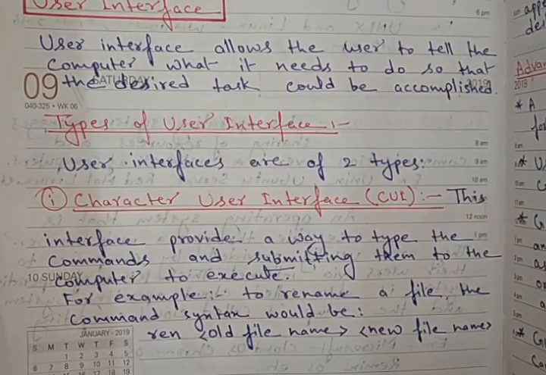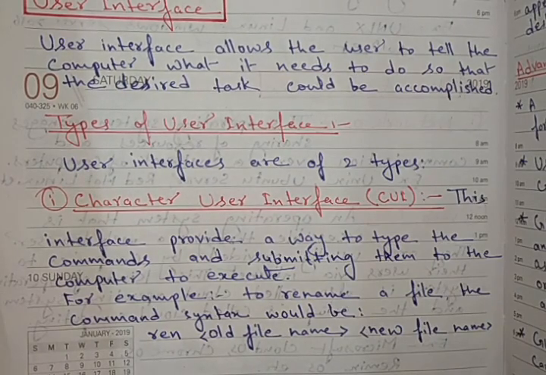In character user interface, you have to type the command and submit it to the computer to execute. For example, if you want to rename a file, the command syntax would be first ren, then a space, then the old file name, then again a space, then the new file name, then press enter.